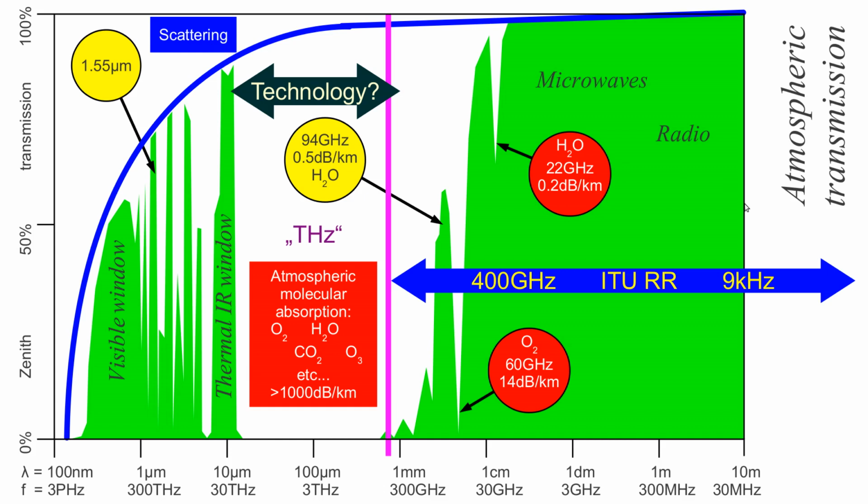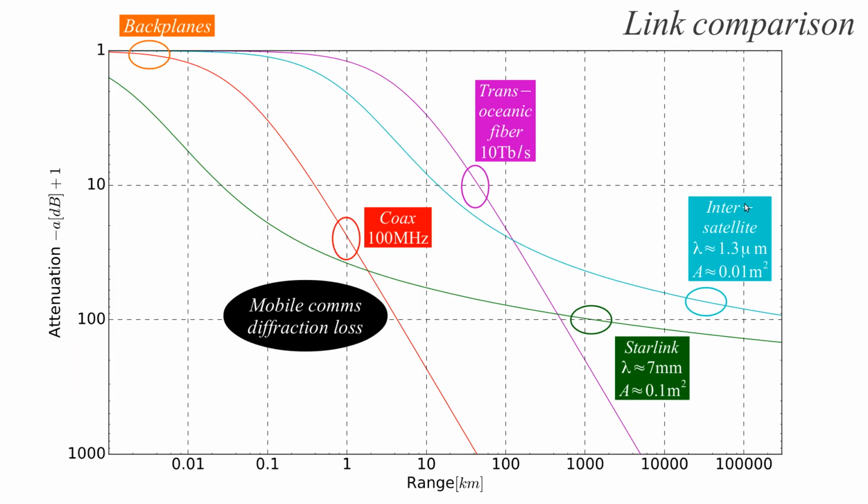We go to our final picture for today and make a link comparison. What can we do with today's technology in the Earth's atmosphere, not on Mars, not in deep space, not with our deep space probes.